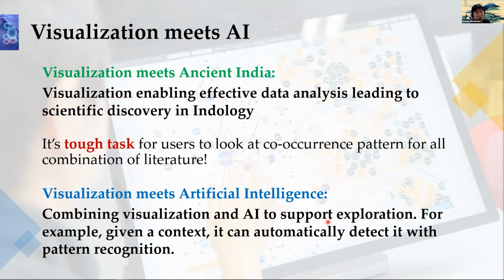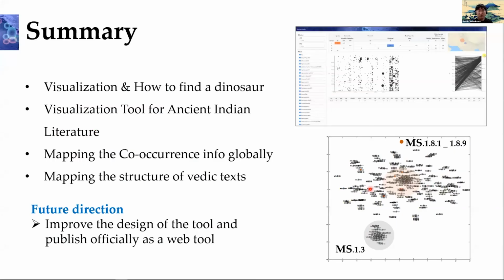As I talked about, visualization needs an iterative process, and the interesting pattern is highly dependent on the context. So for example, the user gives the context and AI automatically looks for patterns of interest using pattern recognition, leading to more efficient data exploration. And I believe that will facilitate indology study. So I think this is a future direction.